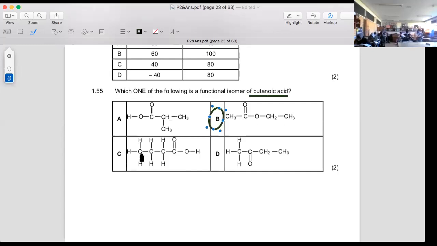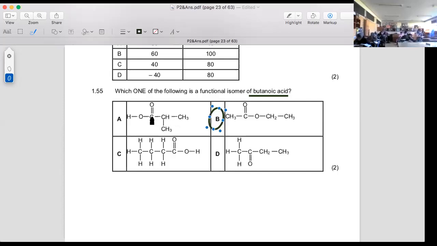Look at this one. 1, 2, 3, 4 carbons, but that is butanoic acid. So butanoic acid is not a functional isomer of itself. This one here is 1, 2, 3, 4 carbons, but it's got a double bond O. That must be a ketone. This one here is a carboxylic acid. It's 1, 2, 3.